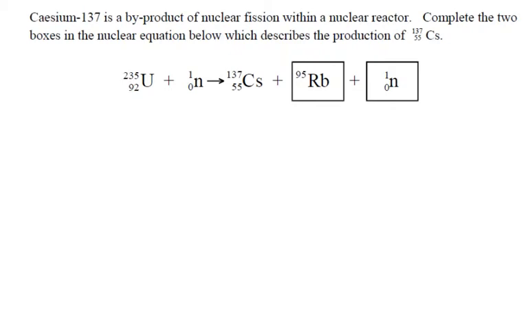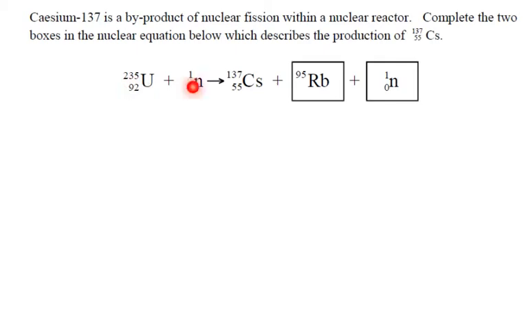Cesium 137 is a byproduct of nuclear fission within a nuclear reactor. Complete the two boxes in the nuclear equation below to describe the production of cesium 137. So, what we need to do is have a look at the nucleon number. The total nucleon number on one side is equal to the nucleon number on the other.